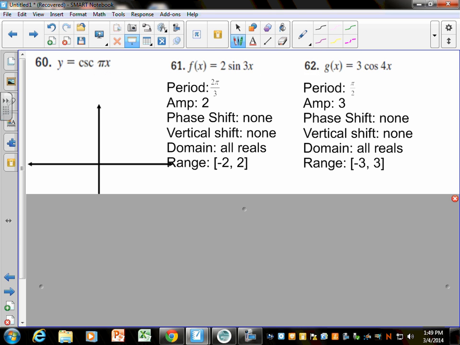I like 60 because it has pi in it, and I like to remind you that sometimes your x-axis might not go by like pi halves or pi or 2 pi, because if pi's up here, when I do my asymptotes, I would set pi x equal to 0, and I would set pi x equal to pi. And when I solve that, I get x equals 0 and x equals 1, which means your x-axis is just going to go like 0, 1, 2, 3, 4, no pi.